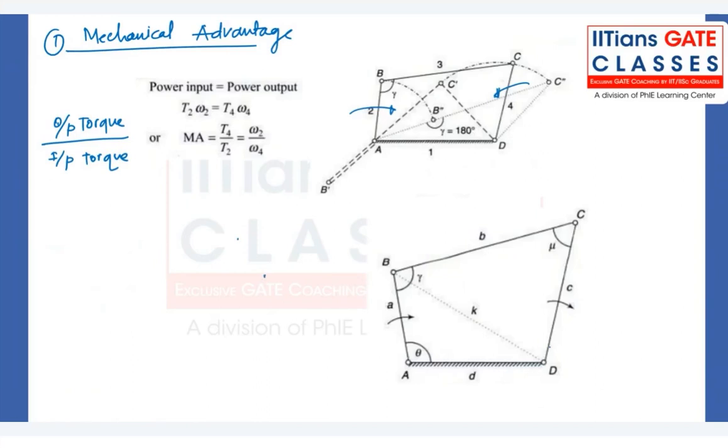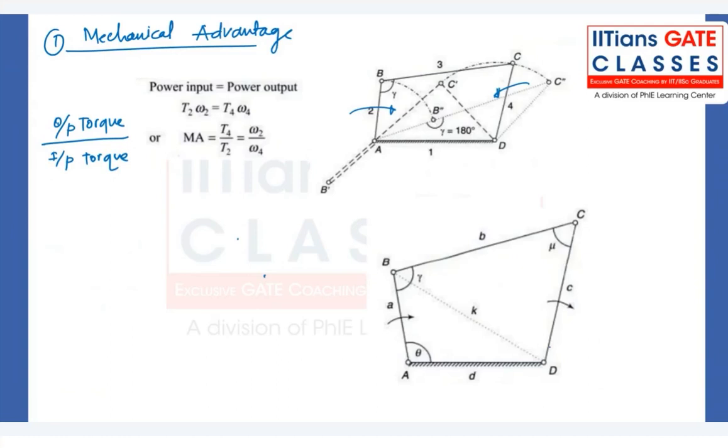Omega means angular velocity here, and the torque ratio is inversely proportional to the velocity ratio. So mechanical advantage you can express as output torque to input torque, or input velocity to output velocity. Okay, so that is the first learning we have for the 4-bar chain.